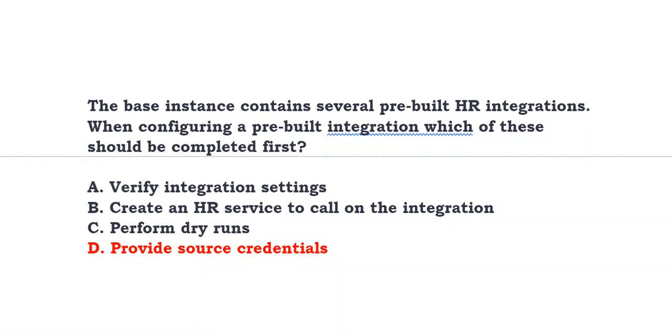Option B, create the HR service to call on the integration. Option C, perform dry runs. And option D is to provide source credentials. Here the correct answer is option D, that is to provide source credentials.